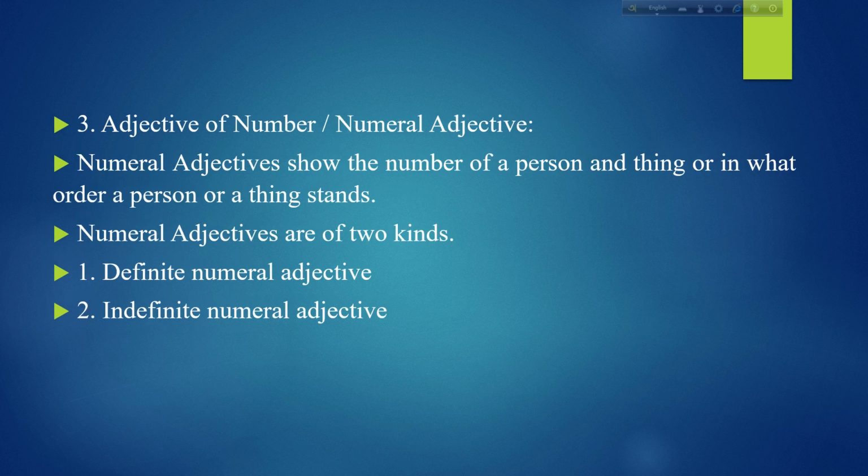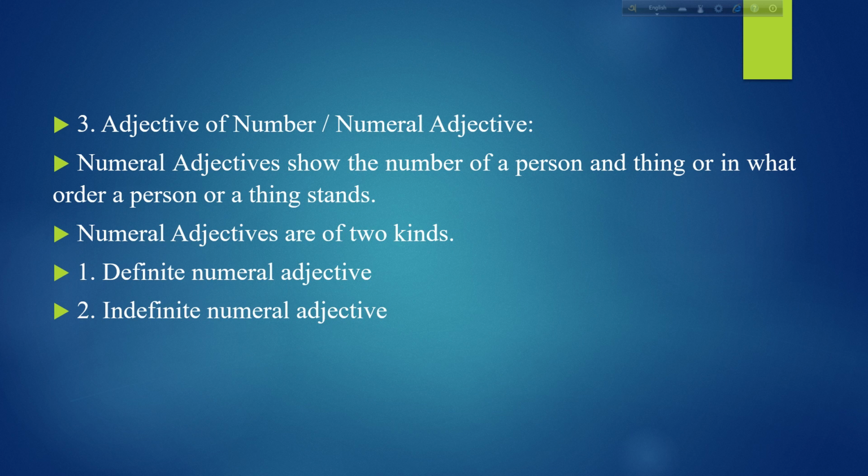So number 3, adjective of number or numeral adjective. Numeral adjectives show the number of a person or thing, or in what order a person or a thing stands. Numeral adjectives are of two kinds: definite numeral adjective and indefinite numeral adjective.